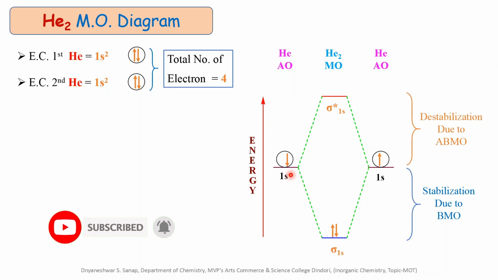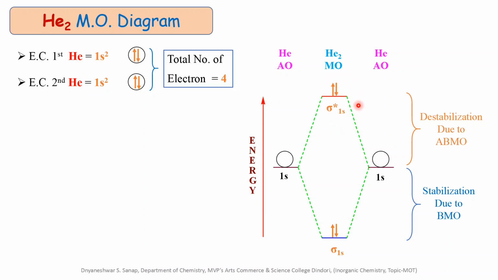Similarly, the second one also goes to the lower energy bonding molecular orbital. The third electron goes to the higher energy antibonding molecular orbital, and the fourth electron also goes to the antibonding molecular orbital. Look carefully: there are 2 electrons in the bonding molecular orbital and 2 electrons in the antibonding molecular orbital.